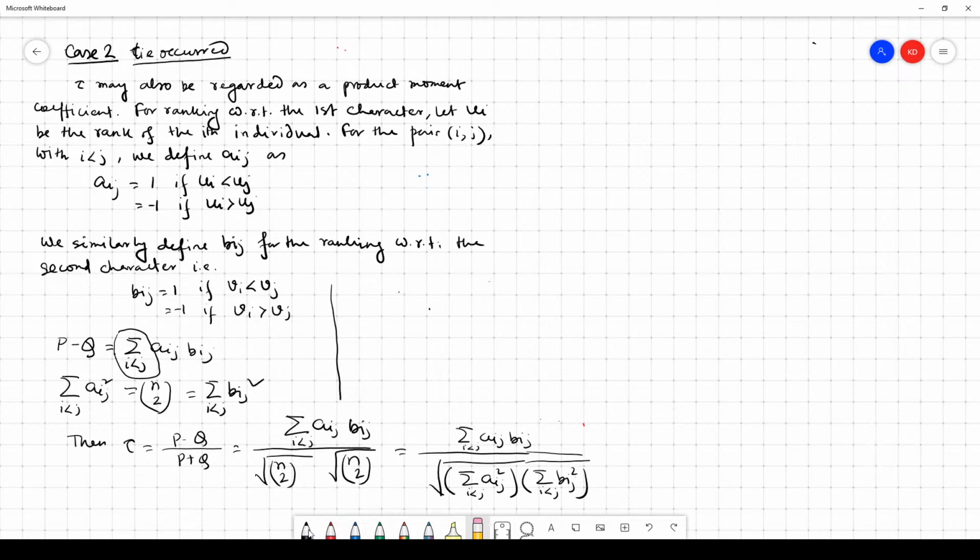Now a tie occurs when some of the ranks are same. I already defined this in my previous class. So those who do not know this, please go to the previous class and find out the definition of tied rank.